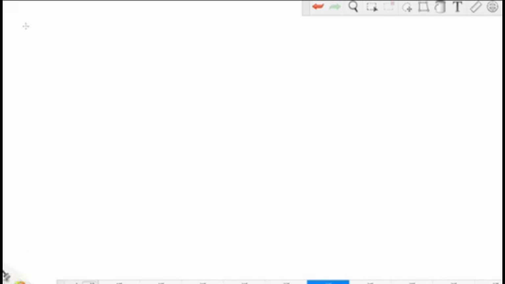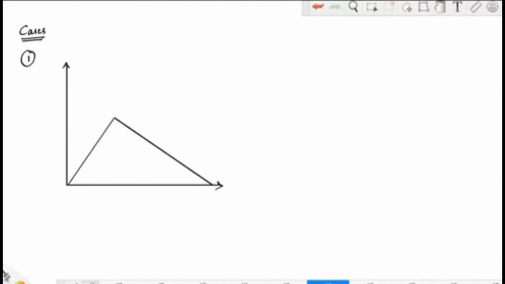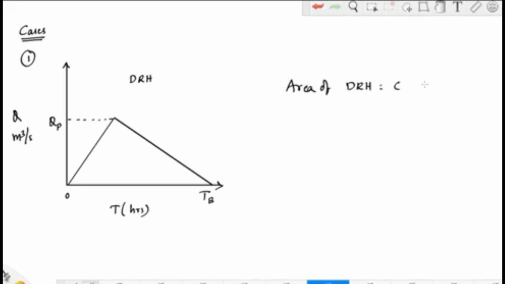Now in DRH, we can take different cases. Suppose if it is a triangular unit hydrograph, triangular DRH, so in this case, area of DRH will be equal to catchment area into runoff depth.